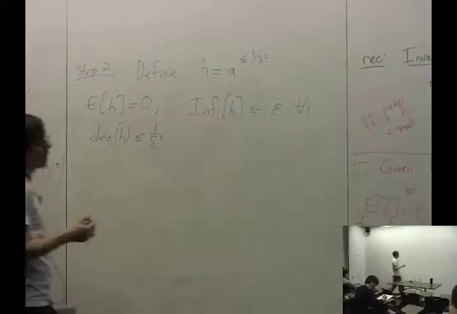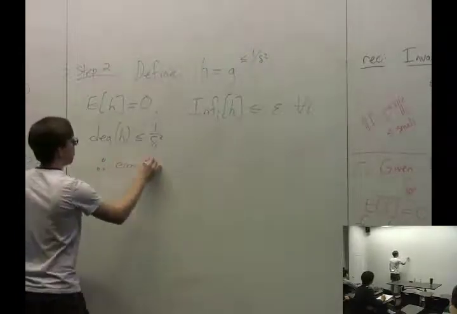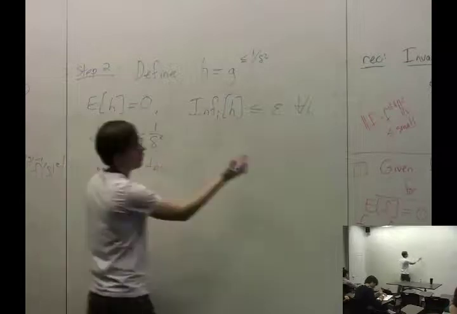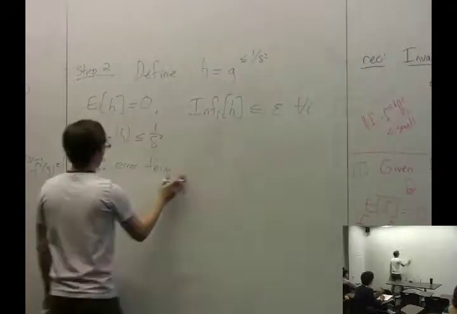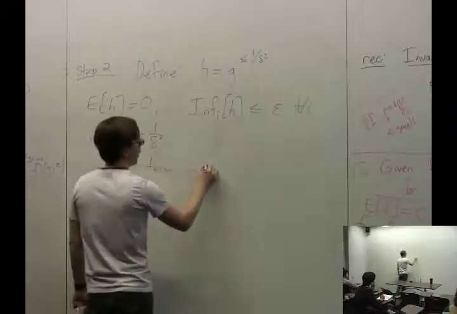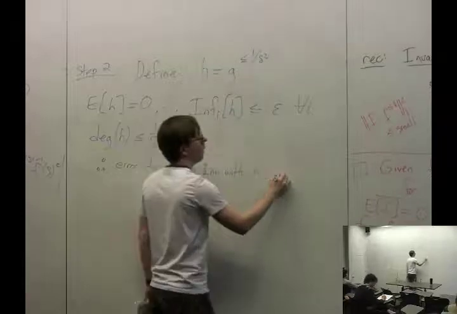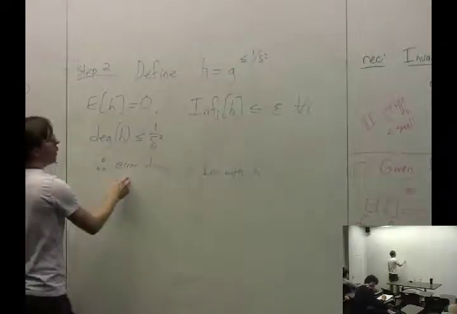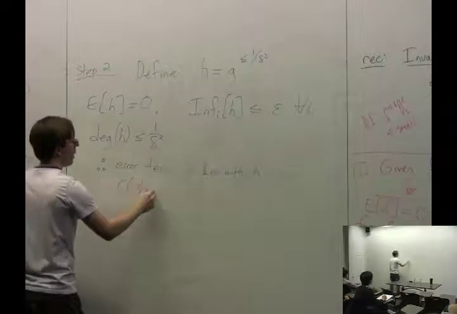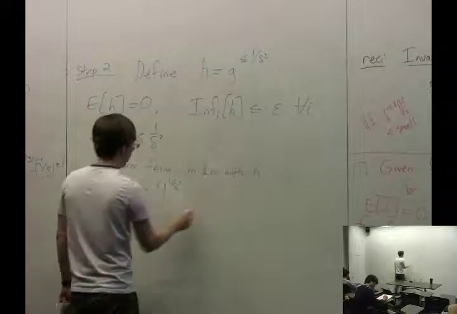So what I'm saying is the error term, I would like to apply this whole argument with H instead of G. In invariance with H, the error is going to be some constant times 1 over delta squared times 9 to the 1 over delta squared times epsilon.